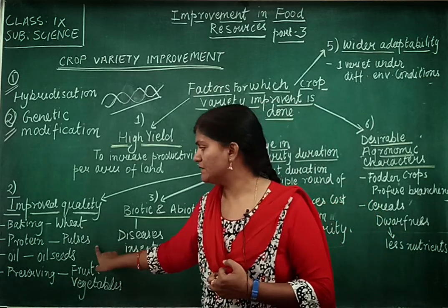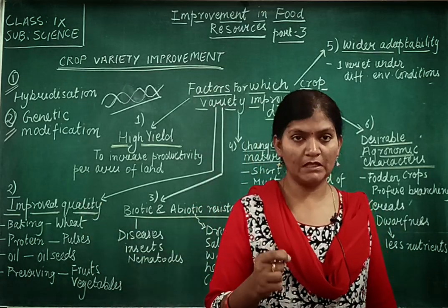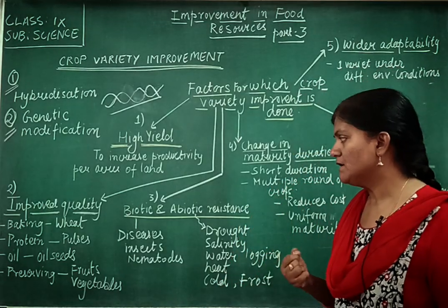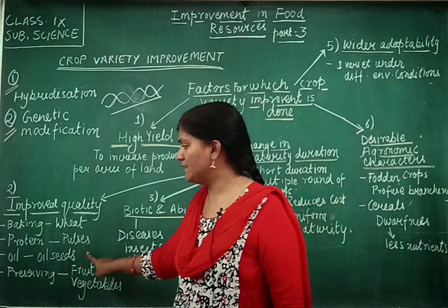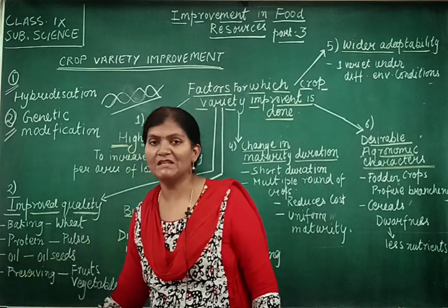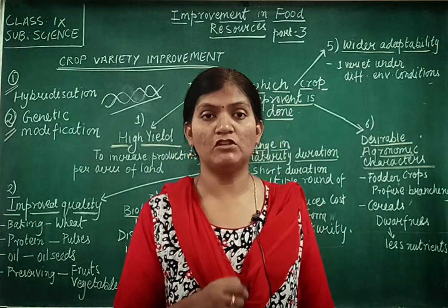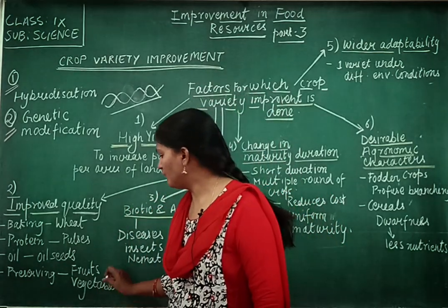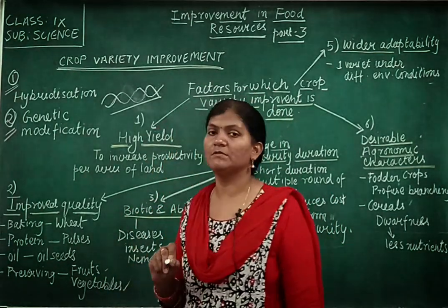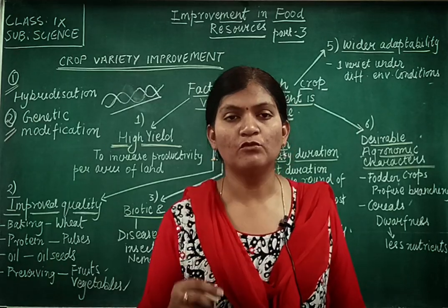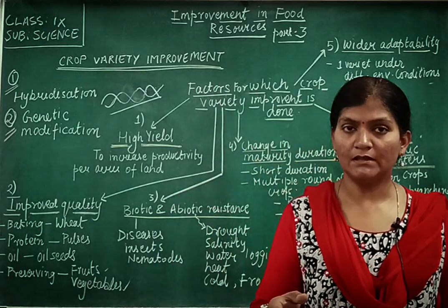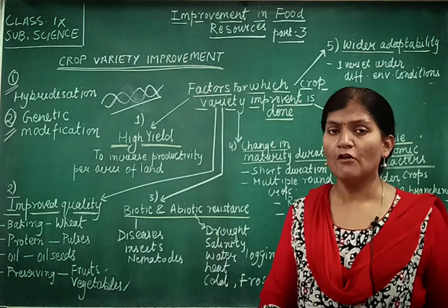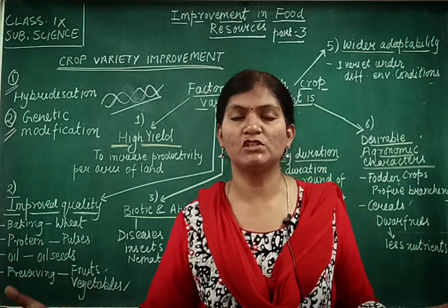Second, if we are selecting pulses, then we want more protein from them. If we want oilseeds, then we should get a better quality of oil from the oilseed. And if we are growing fruits and vegetables, we want them to be stored for a longer duration of time.